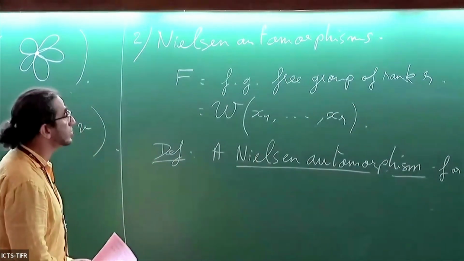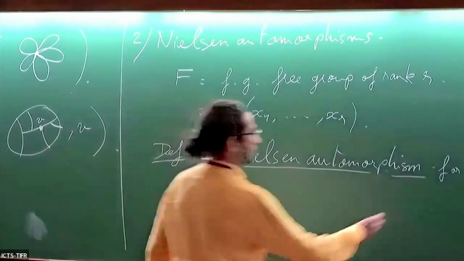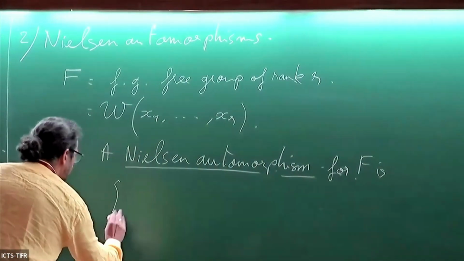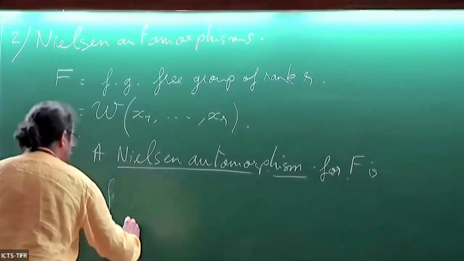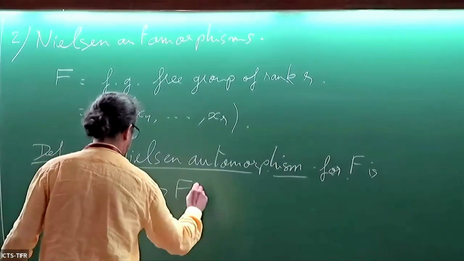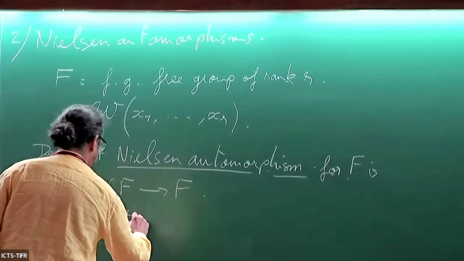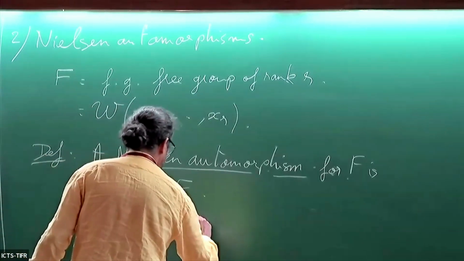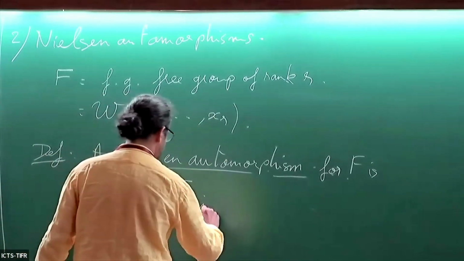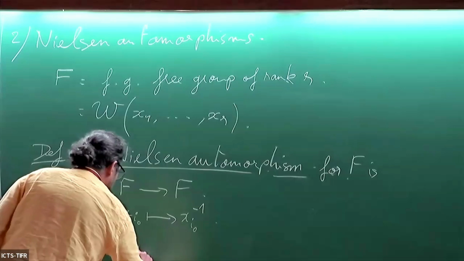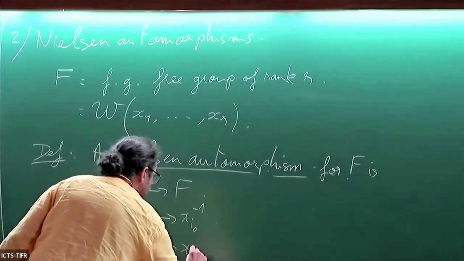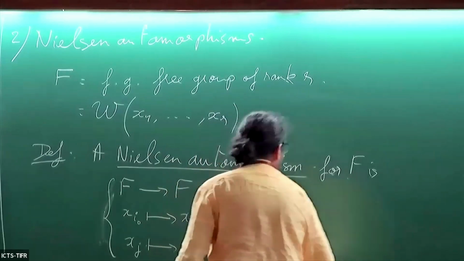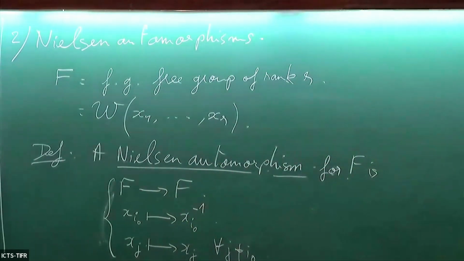It's an automorphism of a very simple form. It's either this one: you choose an index and you map the letter of this index to its inverse and the other ones to themselves. So you just flip one letter.